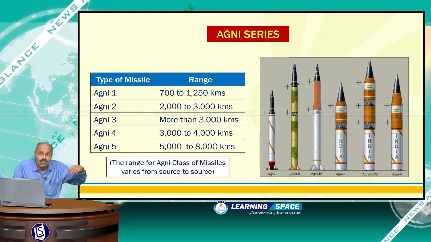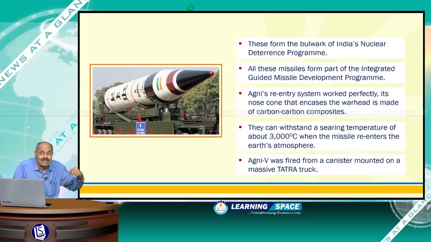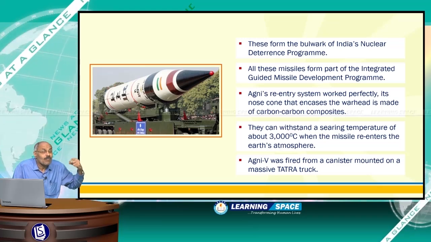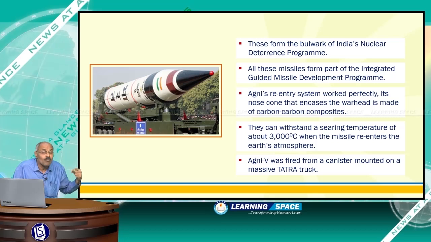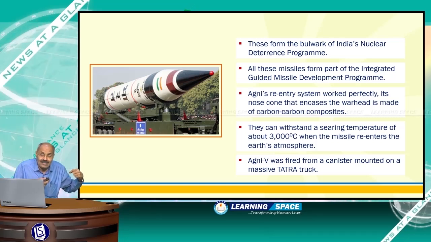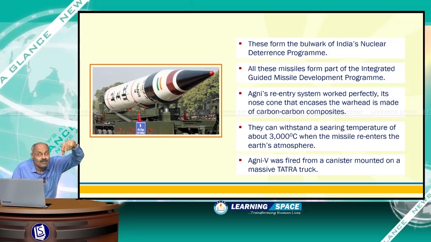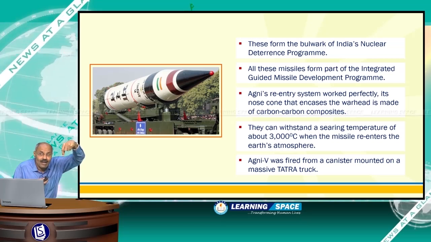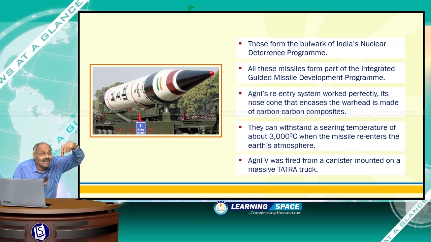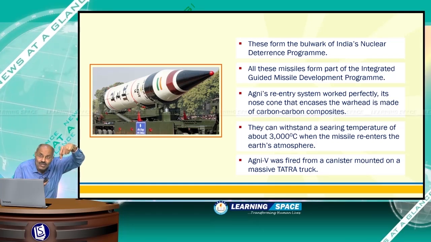Not only that, if you want further information, please look into this slide. And for the development of these ballistic missiles, the most important aspect is they should resist the high temperatures developed, because these high temperatures are developed when the missile re-enters the Earth's atmosphere because of friction.